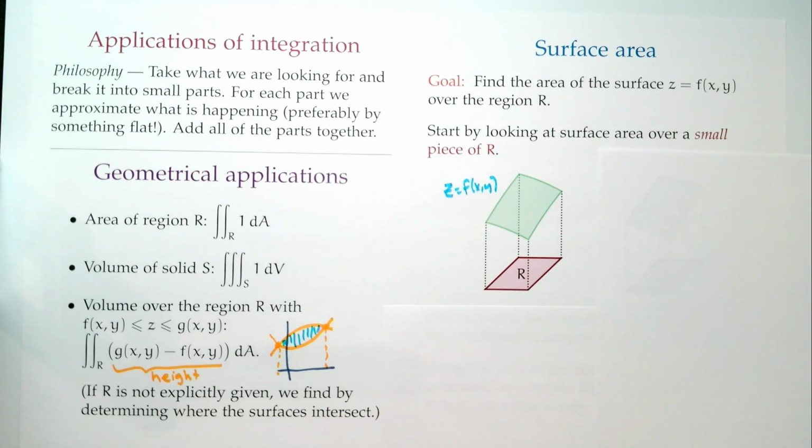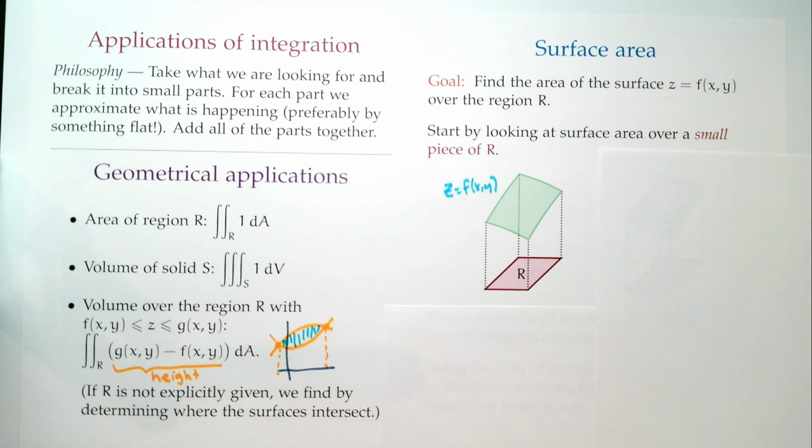And what I want to do is I want to say, well, how much area is there in the surface? Now, what I've done is I've taken a very small piece. So you notice it's not changing very much, but it won't change very much when I am looking at a small piece. And the same process, of course, our answer is going to show you how you do it for any surface, but the key is think small piece. Well, what's the philosophy going back to integration? The idea is look for a flat thing.